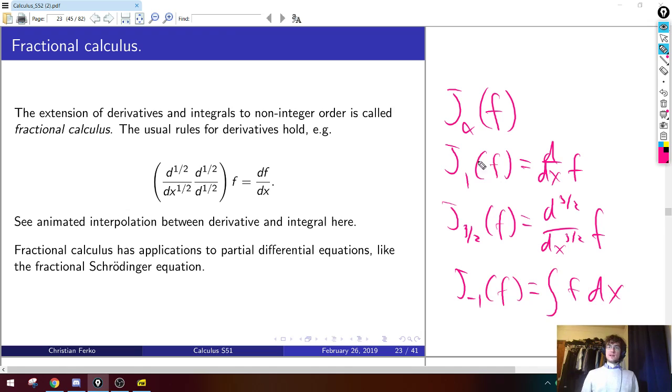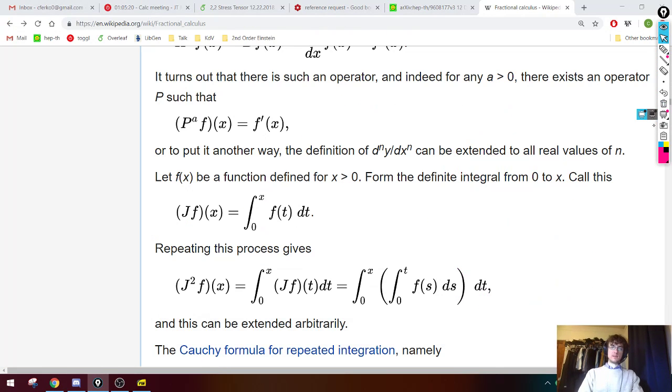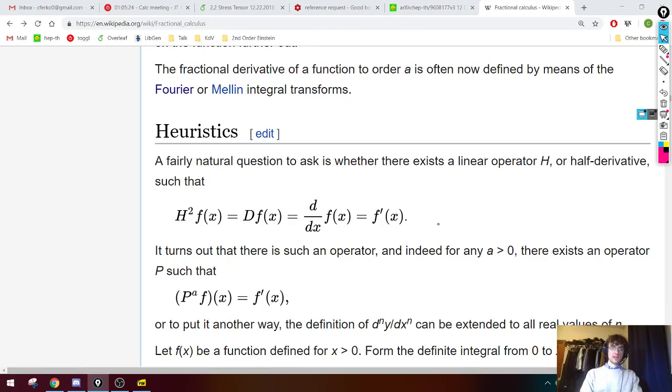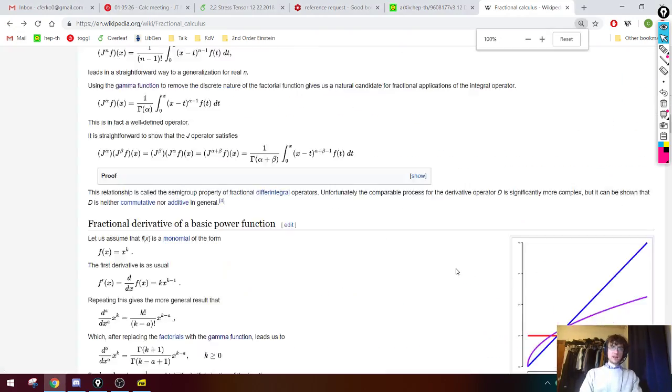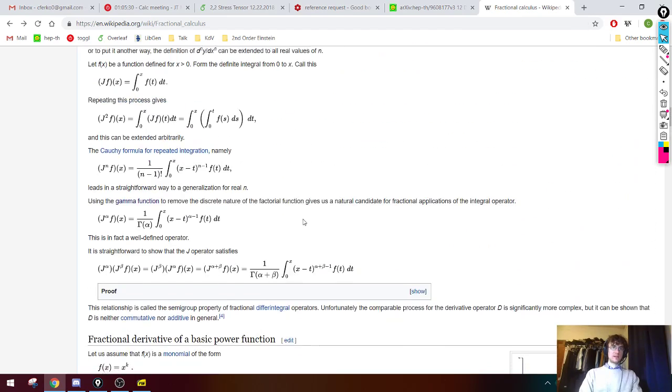So you can define an operator that smoothly goes between derivatives and higher derivatives. J0 is just going to spit back the function itself, and then negative J's give you integrals. So they're smoothly connected by this differintegral, as it's called, which I think is even written down on this page. Yeah, here it is. They write it as J, but where's the name of it?